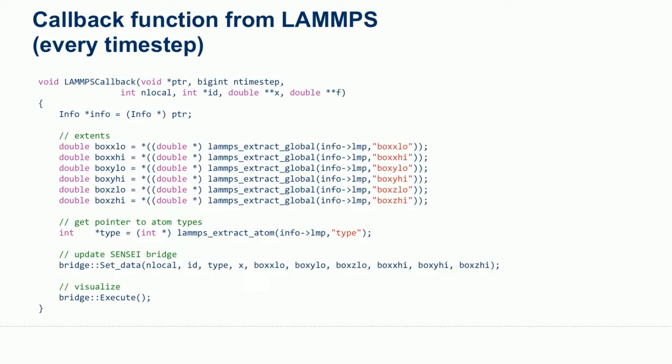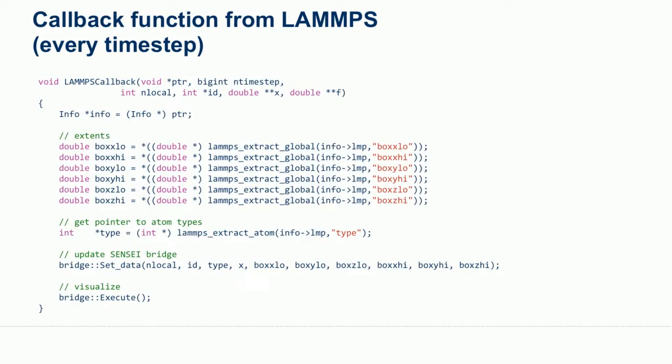So here's an example of the LAMMPS callback for every time step. This is what we're going to tell LAMMPS to call. In our LAMMPS callback, this is the data. This is the API from LAMMPS itself. We give this to LAMMPS, LAMMPS calls us, and it gives us the data. So this will be a pointer to some set of arrays, probably the positions, I think. This is a pointer to the scalar fields arrays.